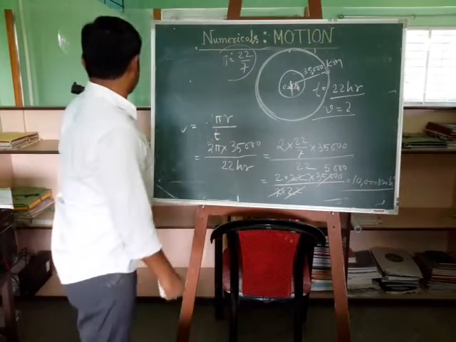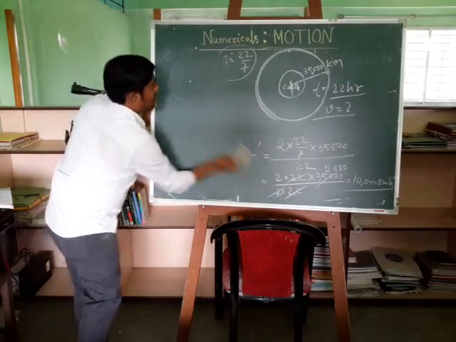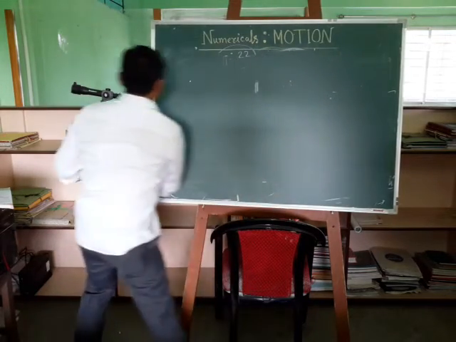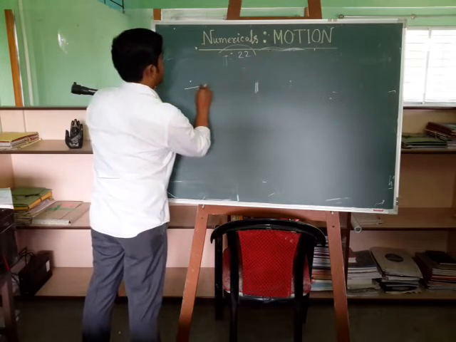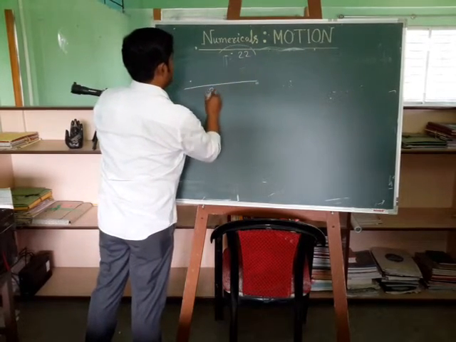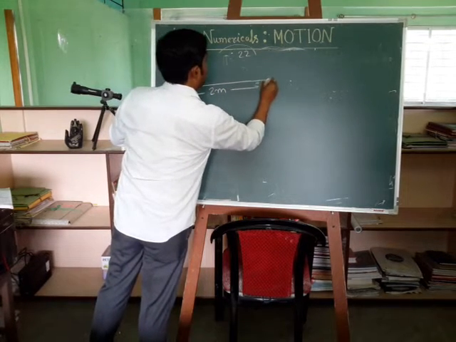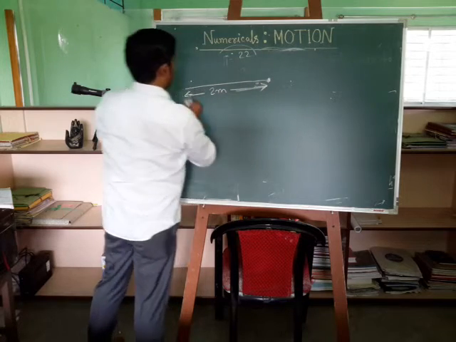So, next problem from this uniform circular motion. Suppose you have a string or a thread which is 2 meters long, and you are tying one stone here, and this is the fixed end.